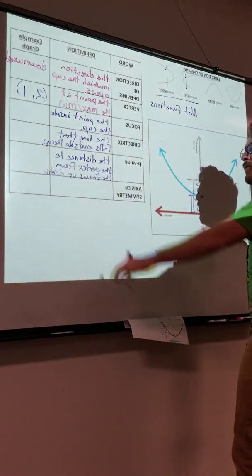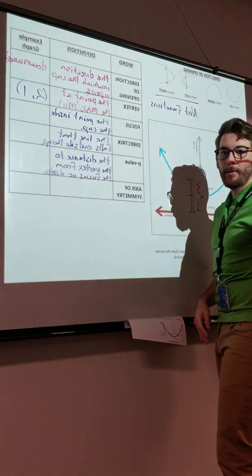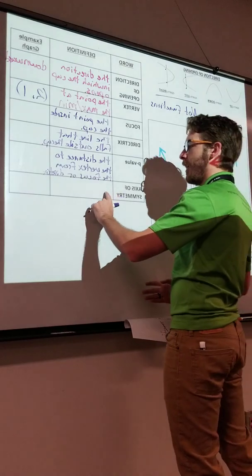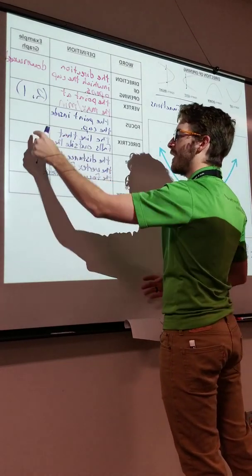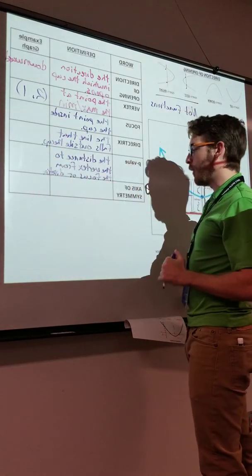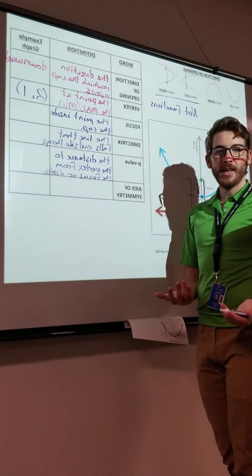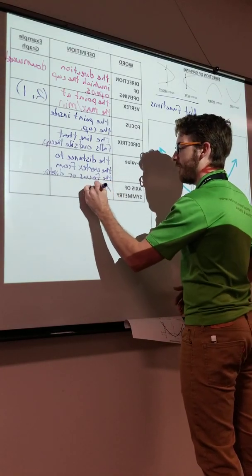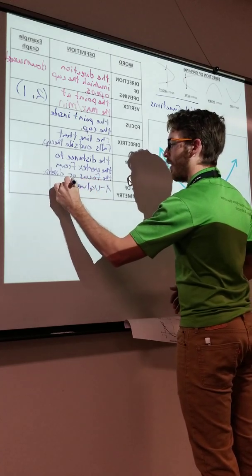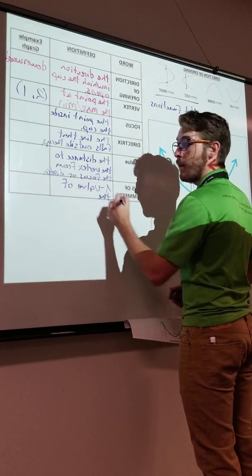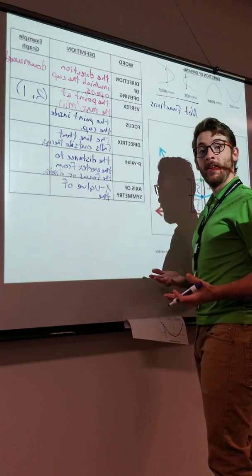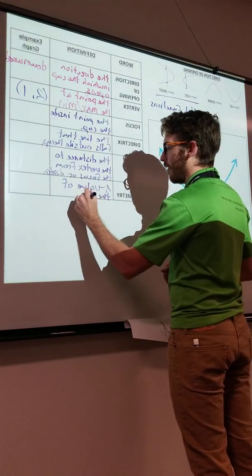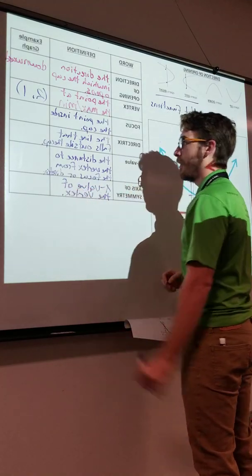Now I haven't filled any of these out yet, but I'm going to wait till after we do the rest, and then we'll go back to the example for these four. Axis of symmetry, once again, it's the exact same as before. That's just the x value of the vertex.